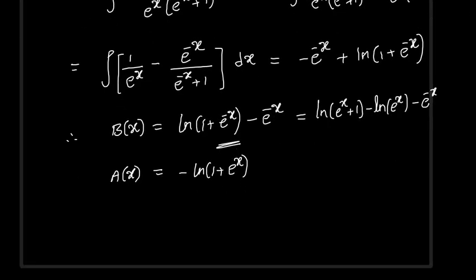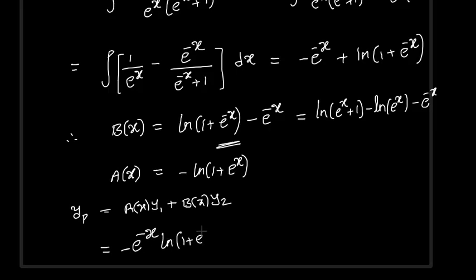So now I hope we can write the particular integral: a of x into y1 plus b of x into y2. So I'm writing directly. y1 is e power negative x here, so e power negative x times minus ln of 1 plus e power x, plus b of x is going to be this, and this should be multiplied with e power x.